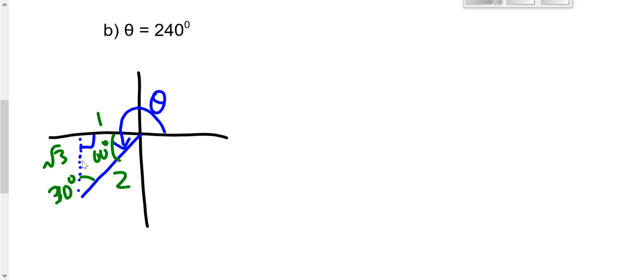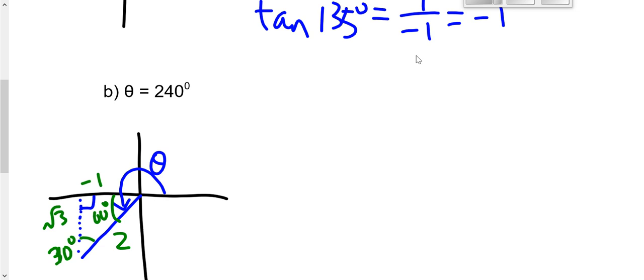Now we know the lengths of opposite, adjacent, hypotenuse, and this time I'm not going to trick you. This is in the negative territory of the x-axis, so give that a negative. Even though the length itself here is 1, we need to keep track of the sign so that we don't screw up the CAST and the trig ratio. Okay, so this is a special case with 90, 60, 30.